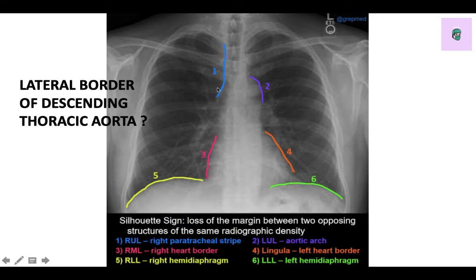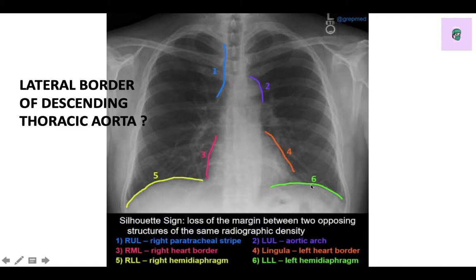So 1 is what? 1 is the border of mediastinum, right side, right? 2 is what? 2 is your aortic knuckle or aortic notch. 3 is your right border of heart, correct? 5th is your right-sided dome of diaphragm, correct? Then we come to 4. Number 4 is your left border of the heart, and number 6 is respectively the diaphragm dome of the left side.